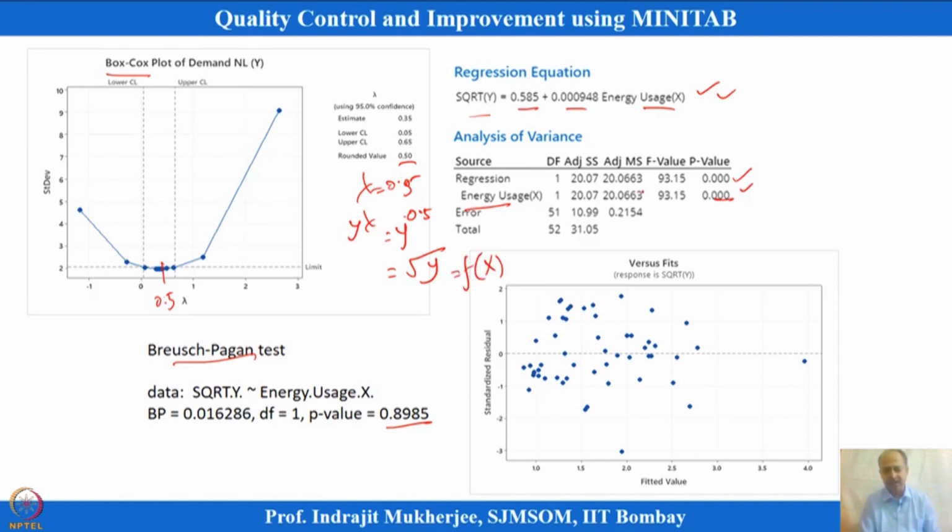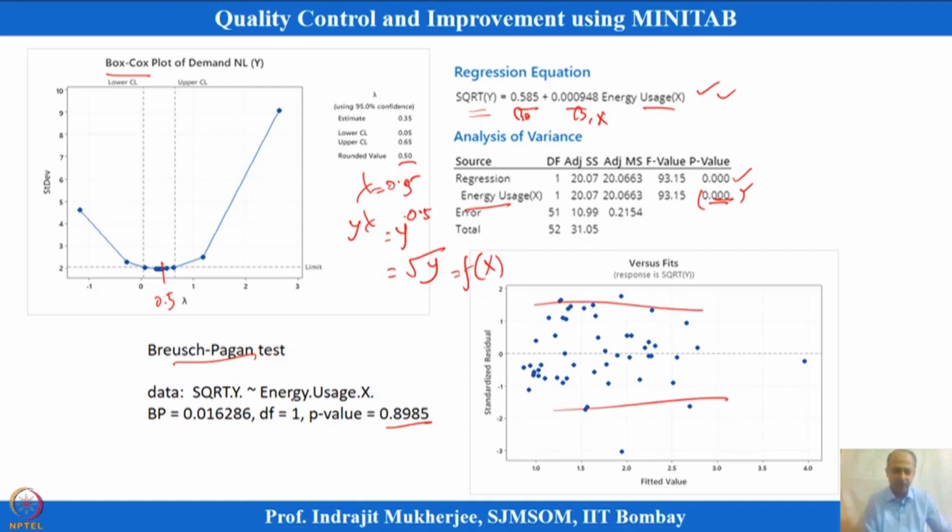So, we have done that correction, and after doing the correction, the regression equation is square root of y equals beta 0 that was generated, plus beta 1, the slope, multiplied by x. Analysis of variance also shows that the x variable is quite significant and the p value is less than 0.05. When we plotted the residual versus fit, we do not see any abnormalities now.